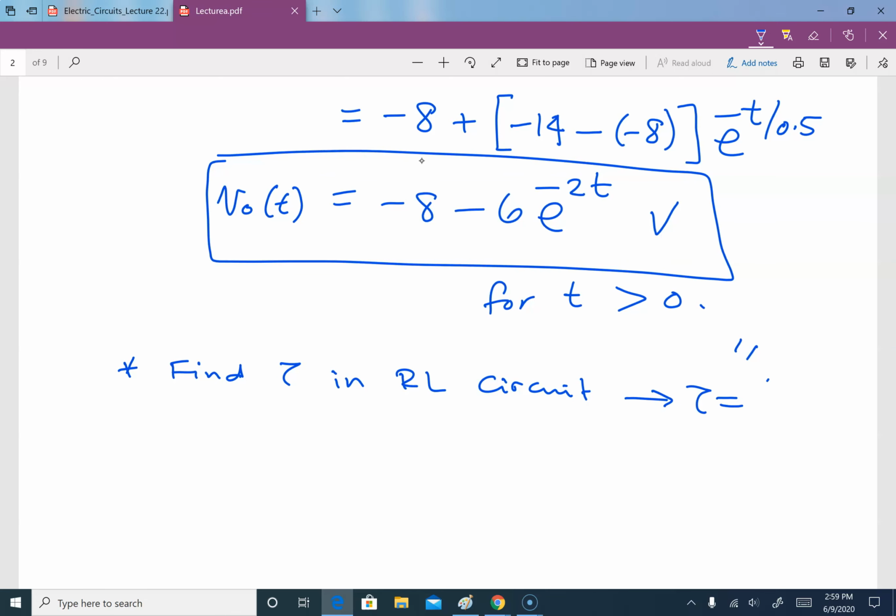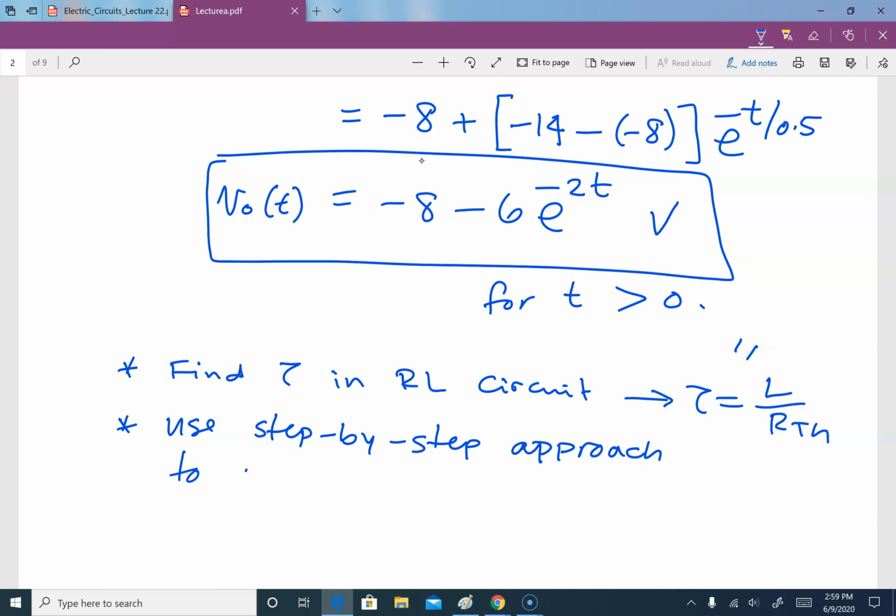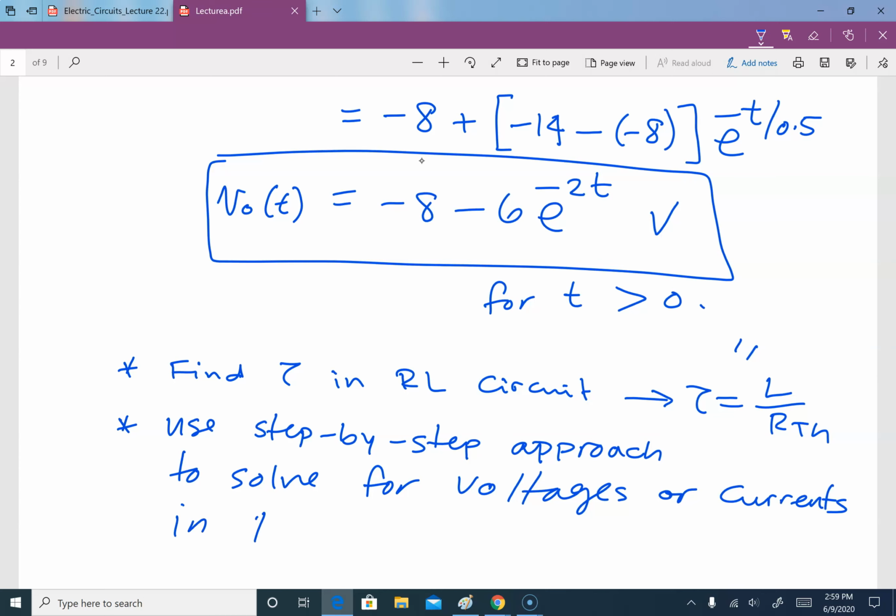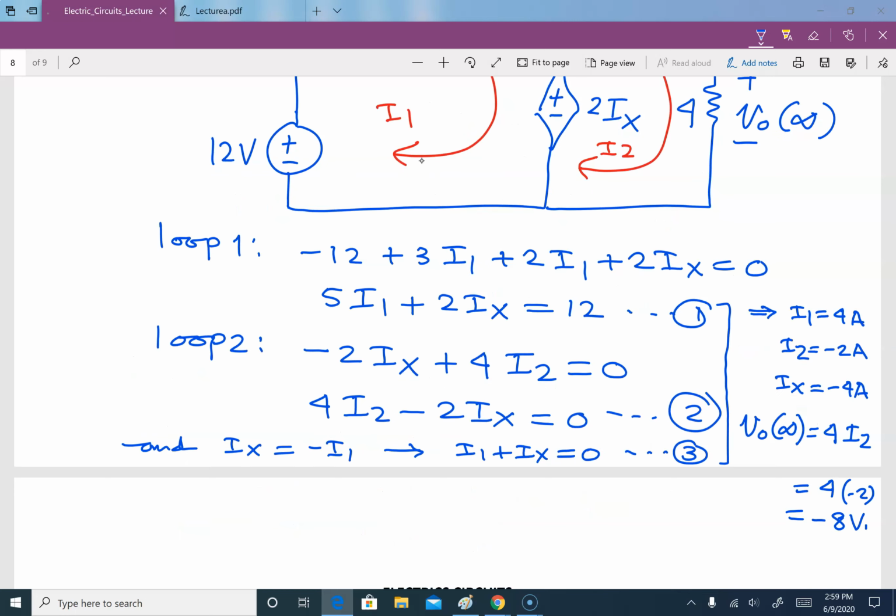Our tau in this case is L over R-Thevenin, and then use a step by step approach to solve for voltages or currents in RL circuits. If you know that, you will be in great shape.